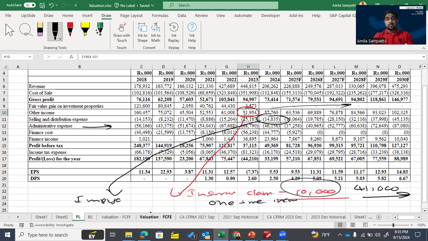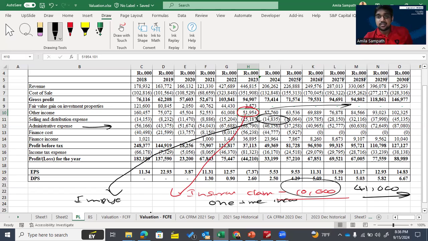Let's assume that during work time, an employee faces an accident and gets injured. Since the employee was injured, the employee went to court and filed a case against us, and we had to pay some employee compensation. Can we say this is a recurring expense? No, it is not a recurring expense. We can say it is a one-time expense.